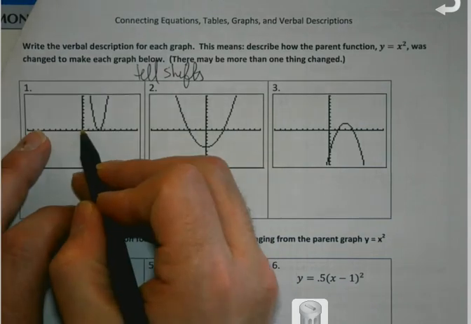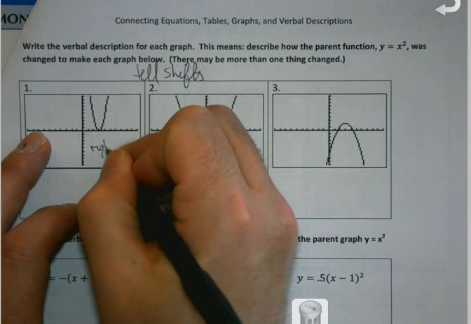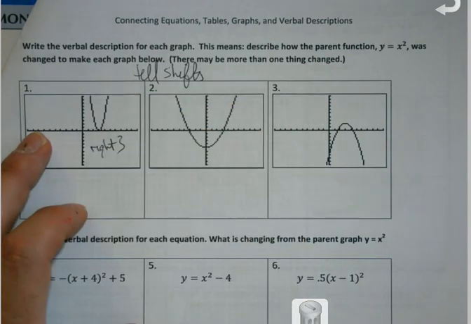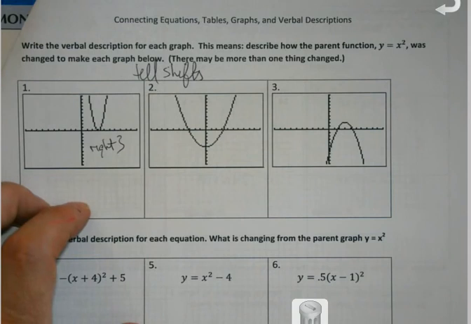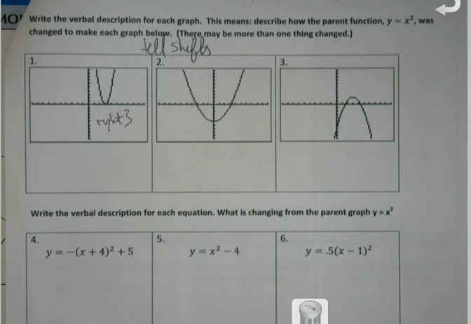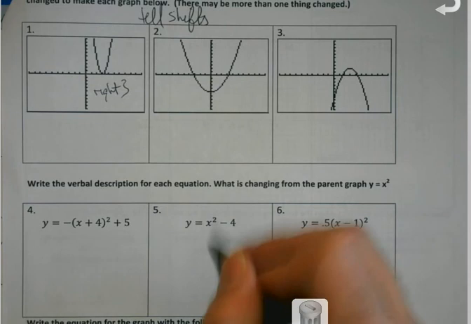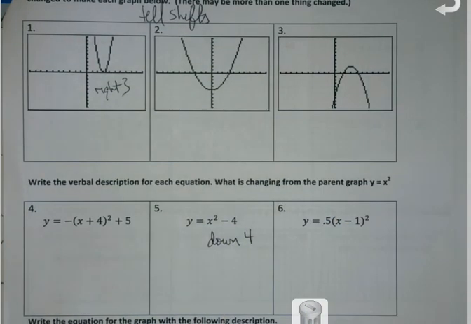Looks like I moved right 1, 2, 3. Remember, we always start at 0, 0. So if I have to move left, right, up, down, I'm just going to write down whatever that happens to be. And I'm doing the same thing all the way through number 6. Whatever the shift is, like in number 5, it's down 4 because it's not in the parentheses. That's all you're doing.